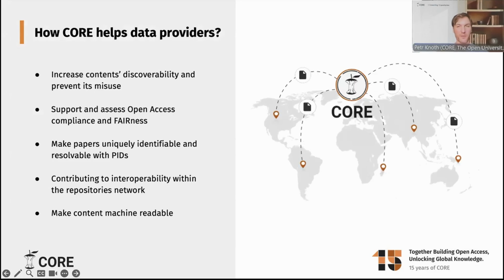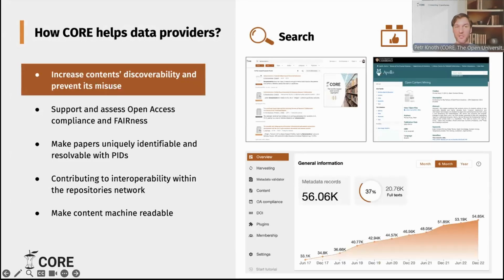When we talk about the data providers, we try to increase their content's discoverability, and we also help them to prevent misuse of that content. So we provide a range of applications for it, like search. We provide recommender systems for repositories, and we also provide a tool called the CORE Repository Dashboard. Every webmaster will probably be familiar with something like Google Webmaster Tools or Google Search Console.